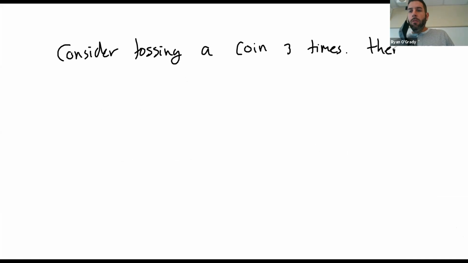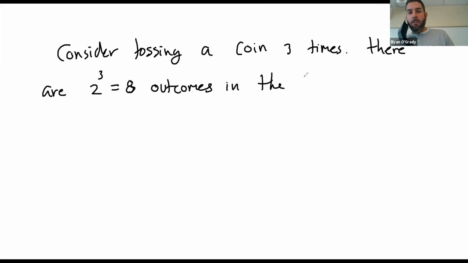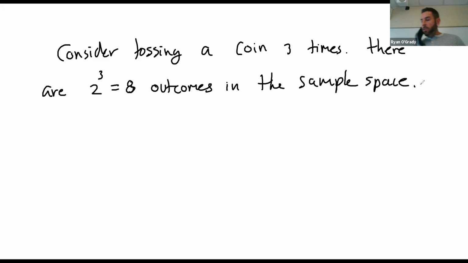So we know there are 2 to the power 3, which is 8 outcomes in the sample space. So we can even list them, for fun.